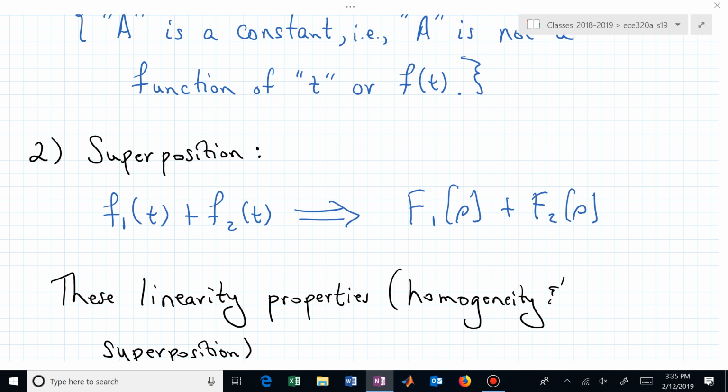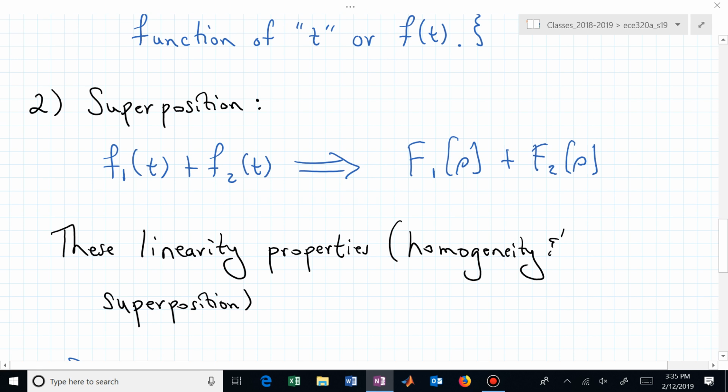Taken together, this homogeneity and superposition property, you could call those linearity properties.